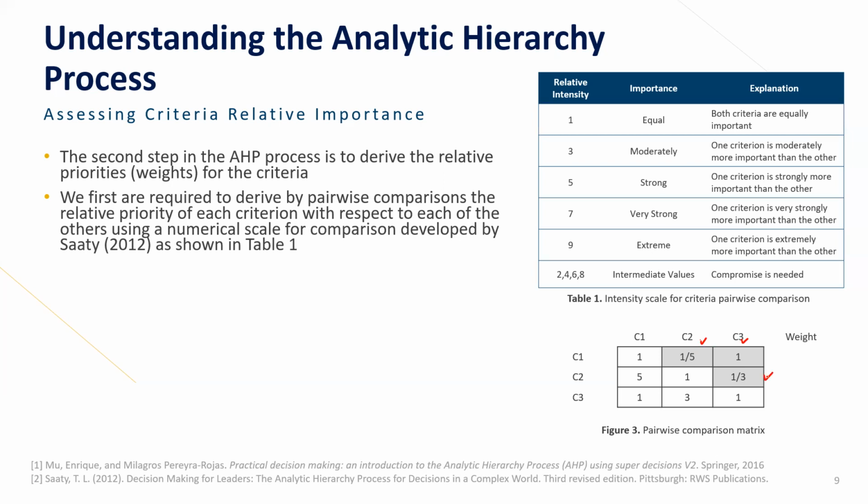Why? Before we go there, for the same criteria, criteria 1 and criteria 1, of course, the importance will be equal. So it will be 1, 1, 1. The criteria that is compared to itself will always be 1.